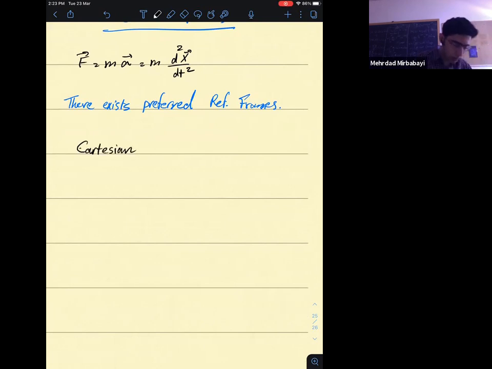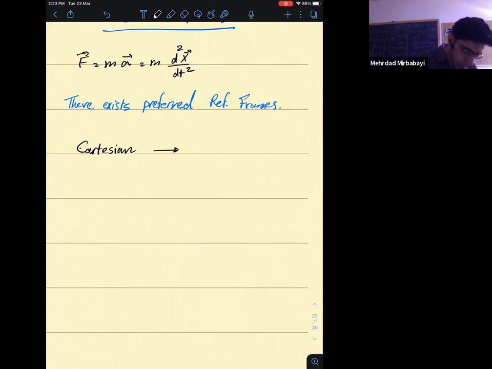So these Cartesian coordinates are the preferred coordinates that we use when, for instance, we write the Newtonian laws of dynamics.